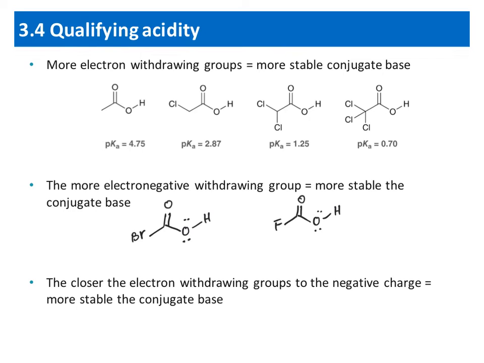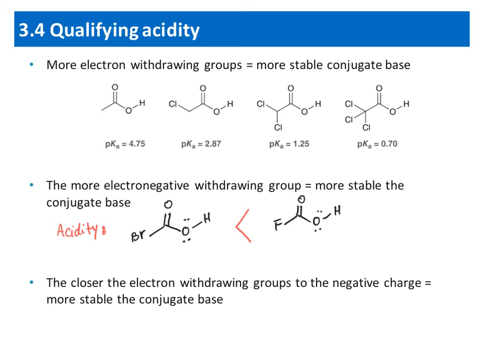In the periodic table, we know that fluorine is the most electronegative atom. Therefore, the more electronegative this group, the more stable the conjugate base would be. So if we compare the acidity, that molecule is more acidic than the other one.